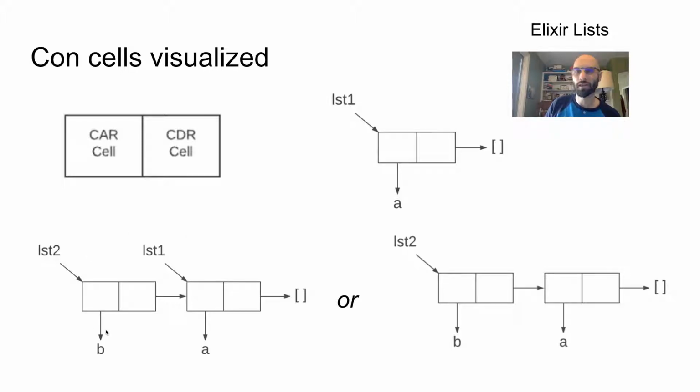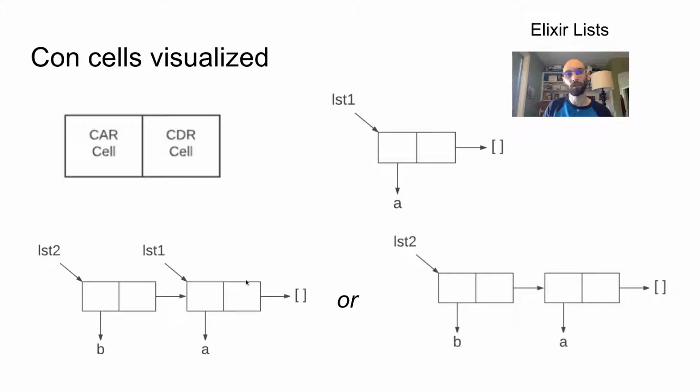Next, we prepend another list item to the first list item. In this case, the list item is B, and we have the car pointing to the value B, and the cdr pointing to the next cons cell, which was the list item A. So we have the variable list2 pointing to the first cons cell, which has the value B, and then we have that cons cell pointing to the next cons cell, which had the value A, and I'm still leaving the variable list1 pointing to it.